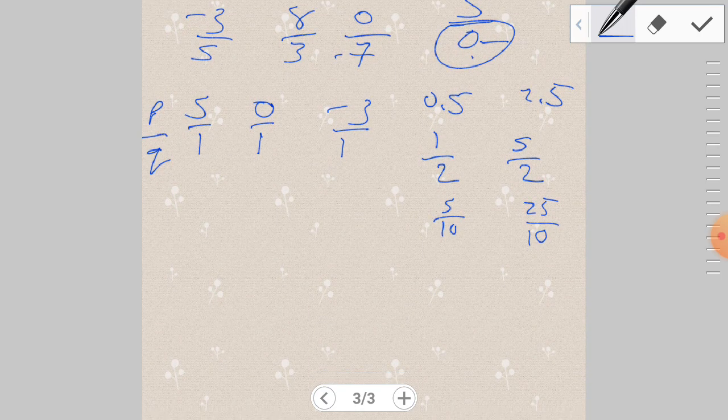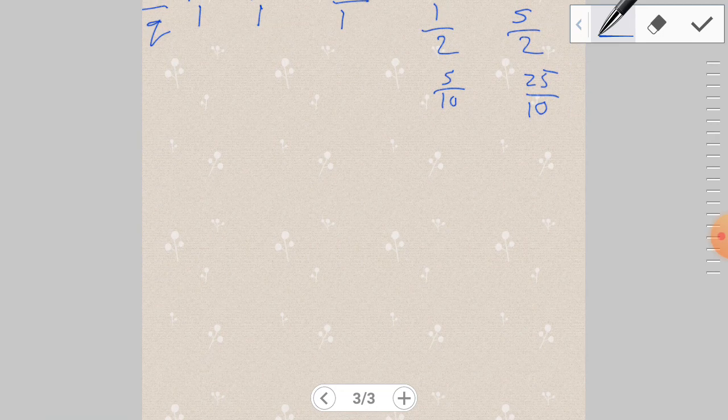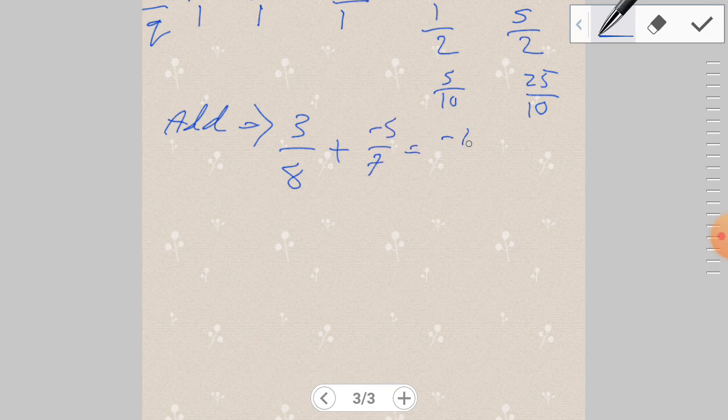So let's perform the operations on rational numbers. First of all, we start with addition for rational numbers. If we write 3 upon 8 plus minus 5 upon 7, its answer becomes minus 19 upon 56.